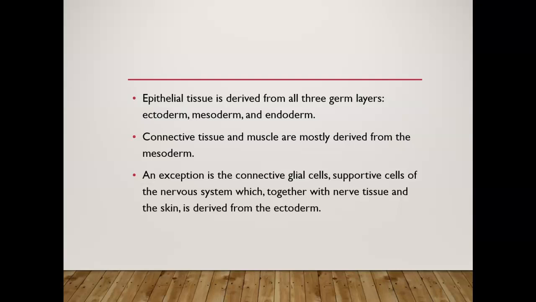So epithelial, when you look at these, you have to go back to the beginning embryo and really get back to the beginning zygote. So when sperm united with egg, you get a single cell with all of your DNA in it, a single cell called a zygote. That then undergoes mitosis. And this mitosis takes that single cell, makes 2, makes 4, makes 8, on and on and on.